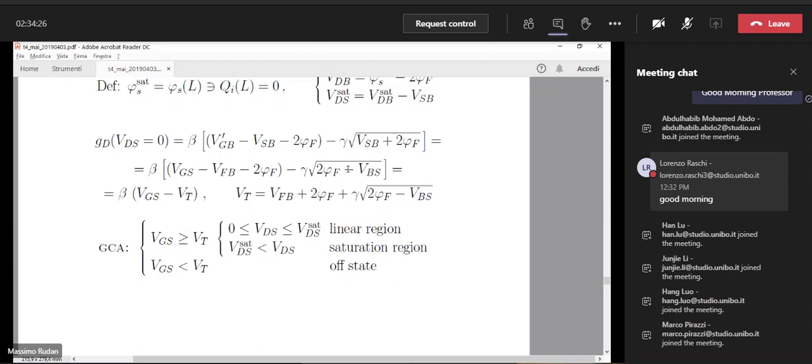At this point, we collect all the summands VFB, 2 phi F, gamma. You see, all of them have a minus sign. Okay, so we collect them together in a single symbol that we call VT, that is the threshold voltage. The threshold voltage is V of flat band plus twice the Fermi potential plus gamma square root of 2 phi F minus VBS. Okay.